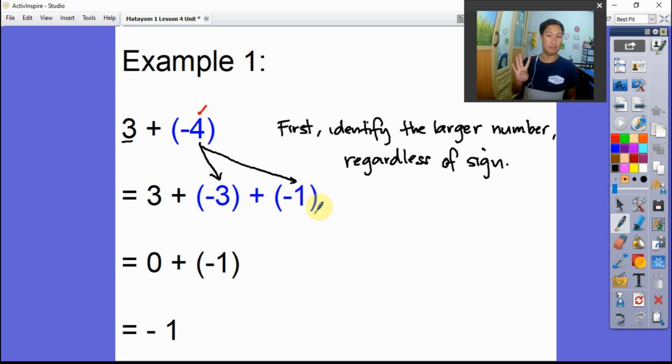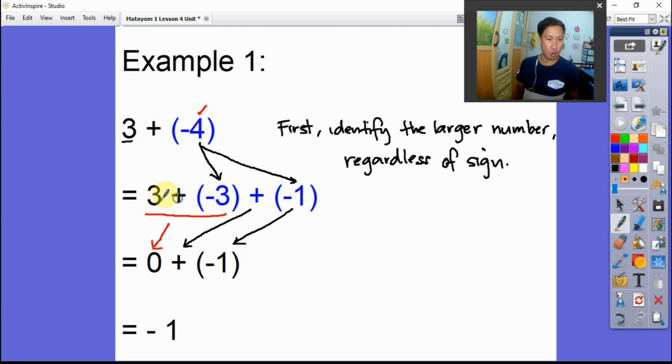3 plus 1 is 4. Let's check our sentence. 3 plus 4, the same as here. So 3 plus negative 4. Now we add this together. 3 and its opposite is equal to 0. Write down the process that we have from the previous step here.